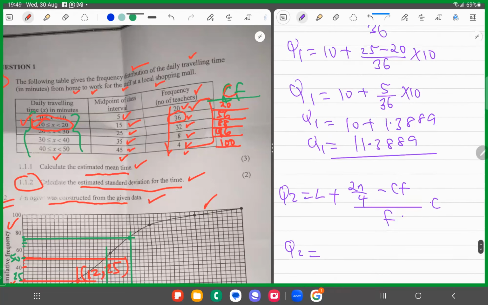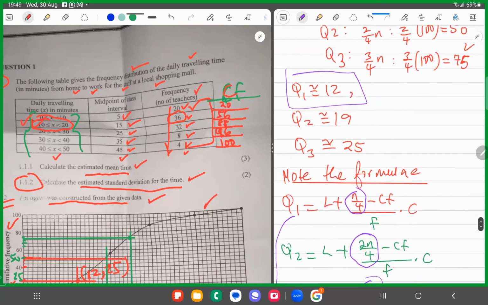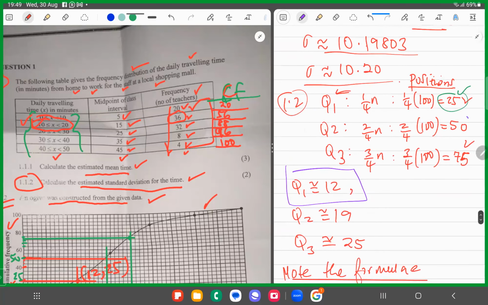Now, we did Q2. Let's look at the position. We said it is at approximately 50, this Q2. Right, at approximately 50, it means that the kind of class we're talking about is which class for Q2?